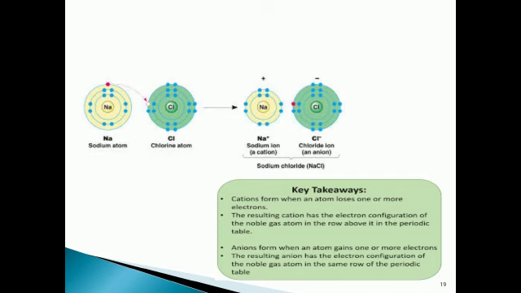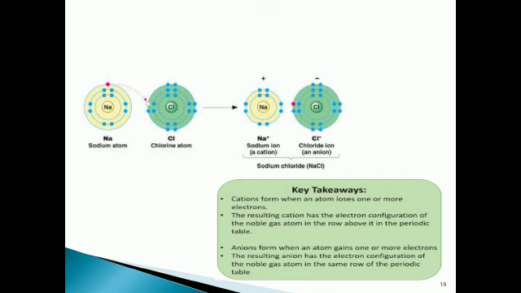The atomic number of sodium is 11, the atomic number of chlorine is 17, and sodium's configuration is 2, 8, 1. So it is losing one electron and it becomes a sodium ion. It is a cation. And chlorine gains one electron, it becomes a chloride ion, and we get the compound sodium chloride. Now what do we understand from here?